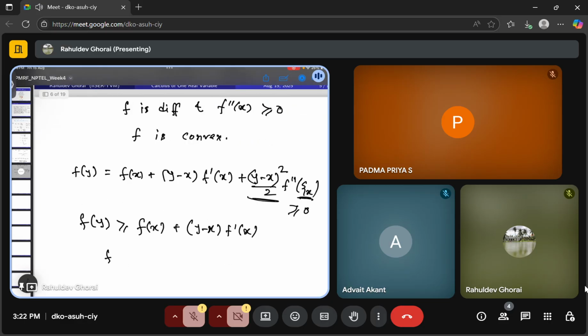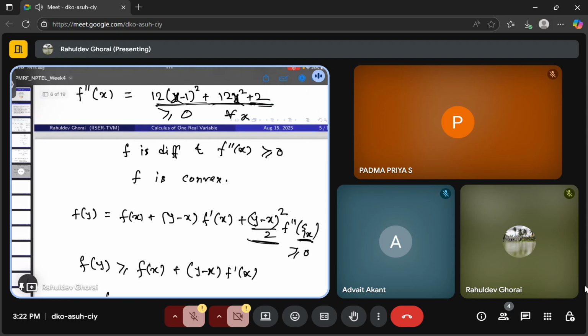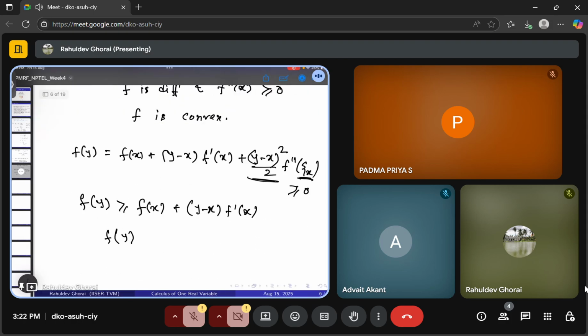If y is of course greater than x, then (f(y) minus f(x)) over (y minus x) would be greater than or equal to f prime x.